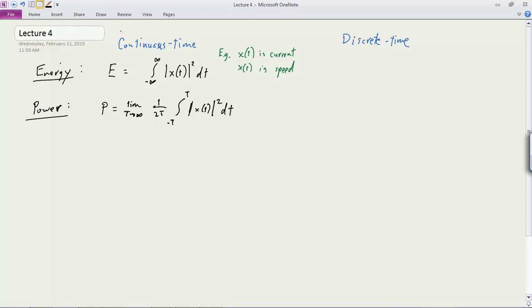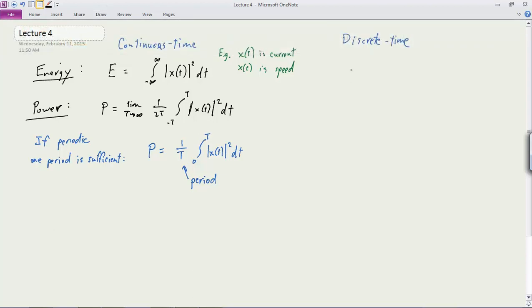So it's important to know that you don't have to be afraid of this limit, because if it's periodic, then one period is sufficient for this integral. So in other words, for a periodic signal with period capital T, you just integrate from 0 to T, and that's going to equal the limit, where T is a period.